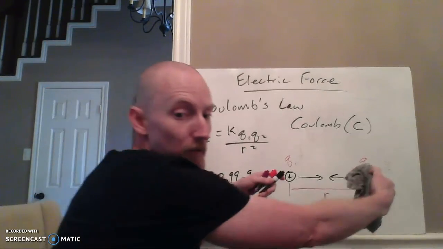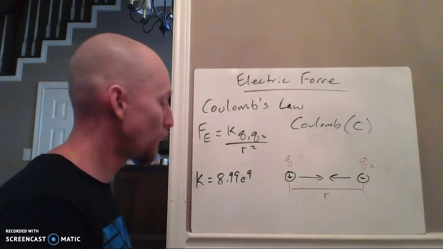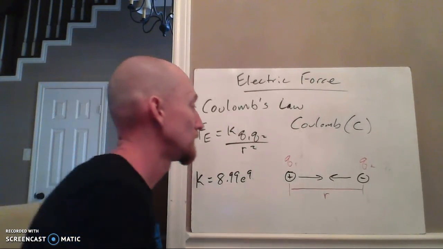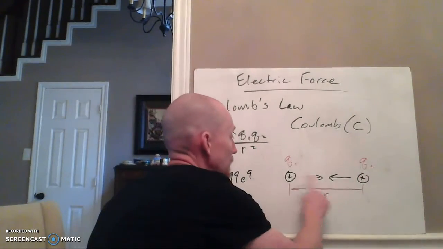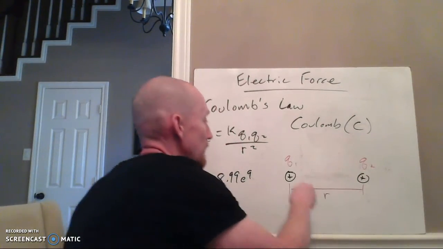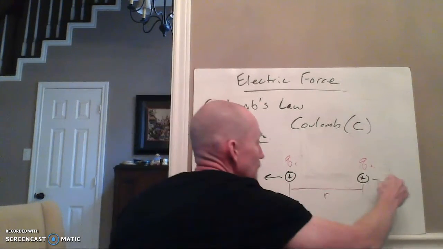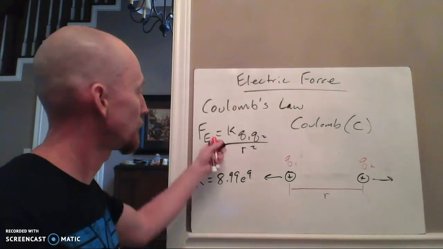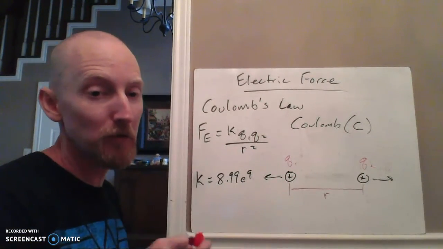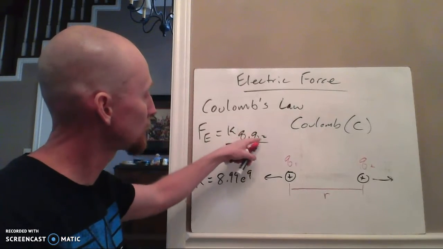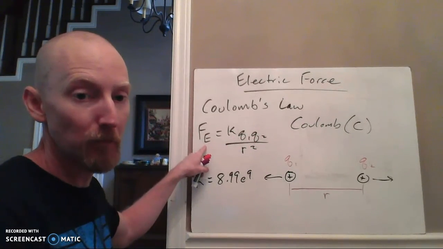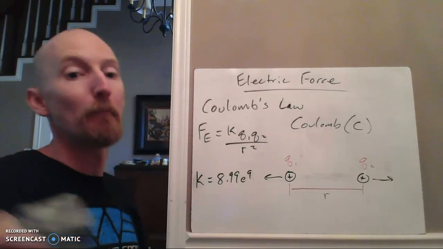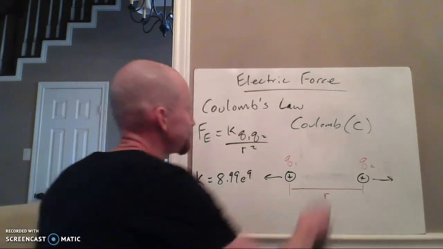That means that they would attract. Now, what if I made these both positive? Well, now they will be repelled, and our force would be a positive force. I usually leave out the minuses or pluses and make this just absolute value, because most questions are asking for magnitude only.